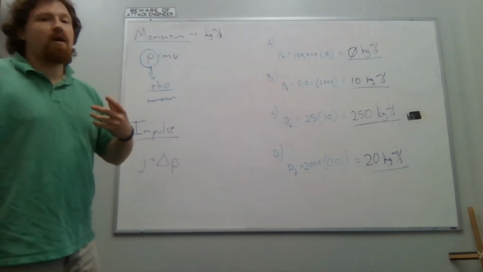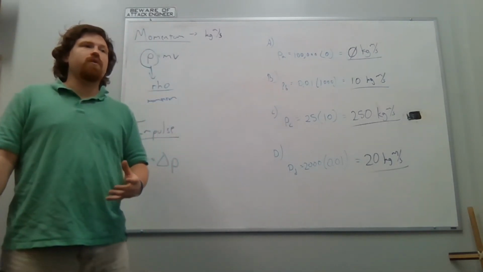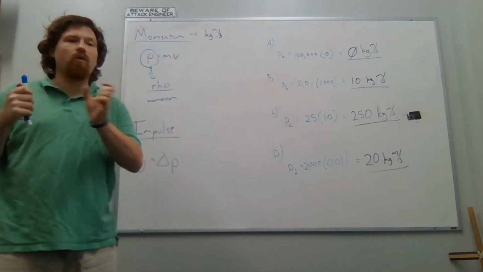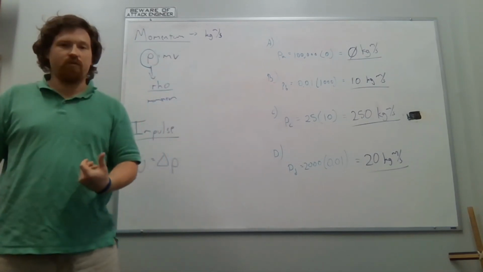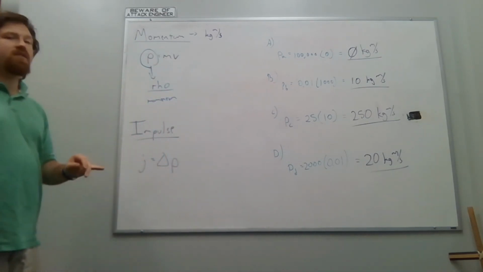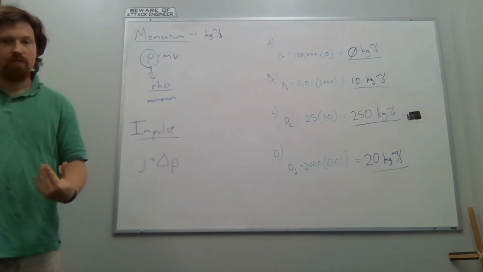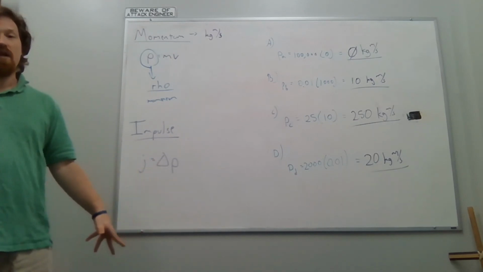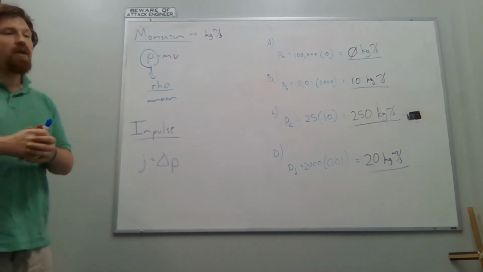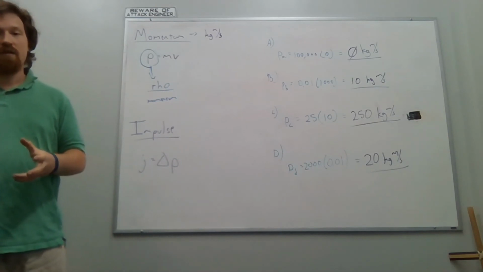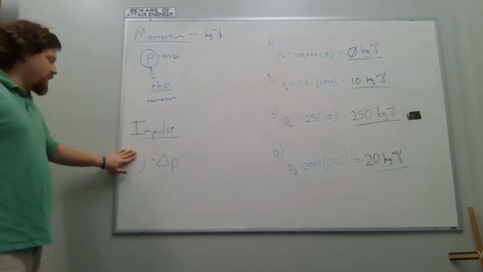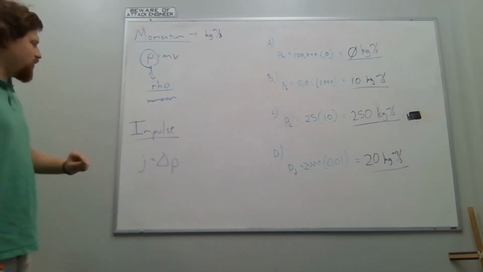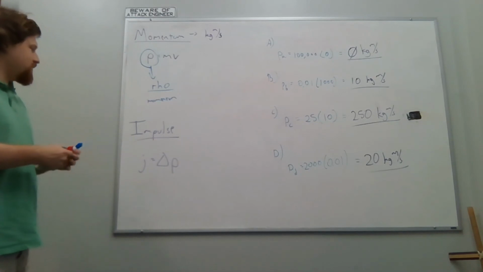If the momentum of an object changes due to it starting at rest and then being forced to move forwards, or if it was moving and then it slows down for some reason, then that object has undergone an impulse. Impulse just means change in momentum. That's all it means. If an object's momentum changes due to its velocity changing, then it has undergone an impulse. And again, physics ran out of letters that made sense a while ago, so the variable for impulse is J.